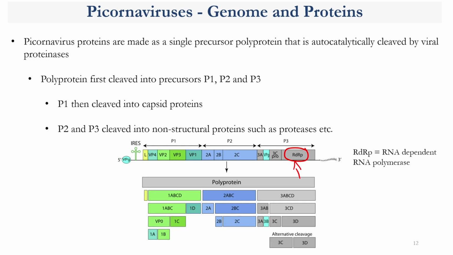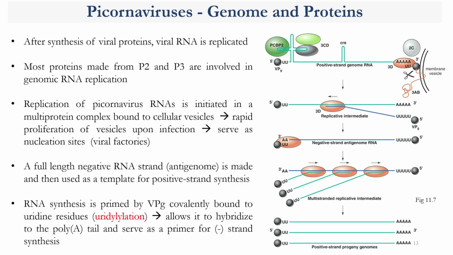Now let's have a look and see how this works. So after you synthesize your viral proteins, your viral RNA gets replicated. Now, a couple of things here. Notice here that it's attached to a membrane vesicle, okay? And you have your VPg and your various other proteins bound to the positive strand genomic RNA, okay?